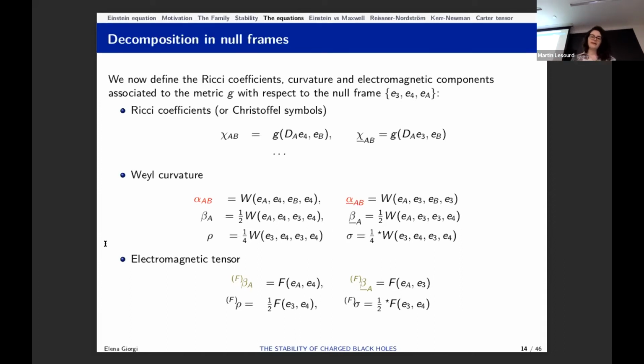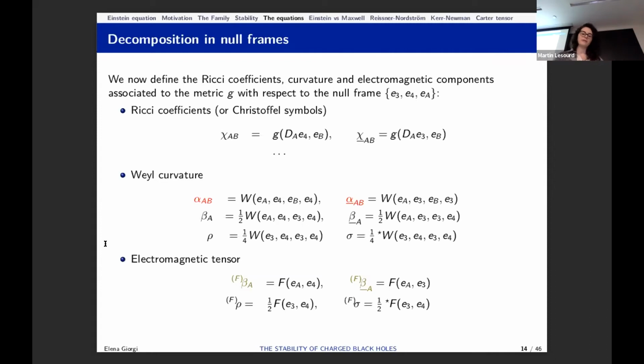And here I wrote in red this alpha and alpha bar, because we've already seen in Sergiu's talk, Martin's talk, that these are the quantities that satisfy the Teukolsky equation, that are gauge invariant. And here, the beta f is the equivalent of the alpha for the electromagnetic tensor, and these also satisfy the Teukolsky equation if you look at a Maxwell theory only.